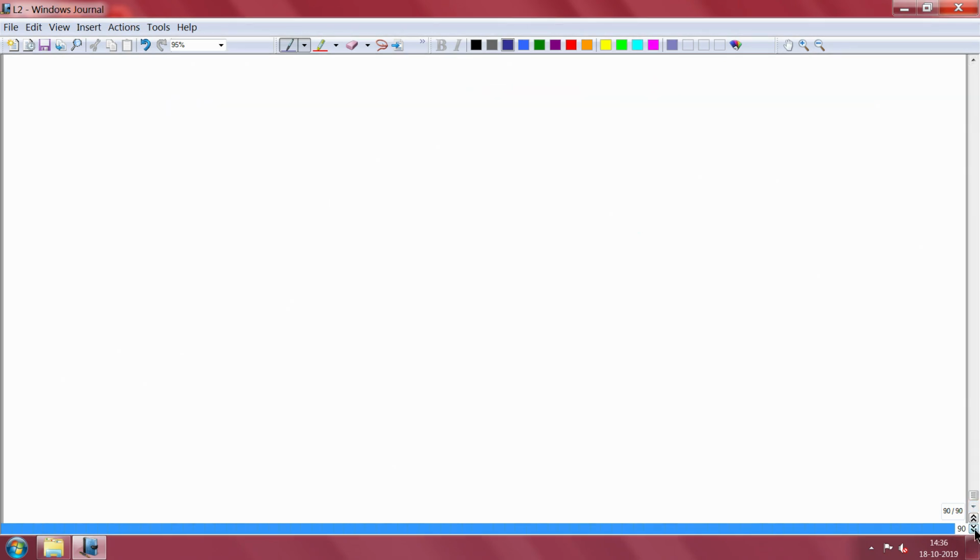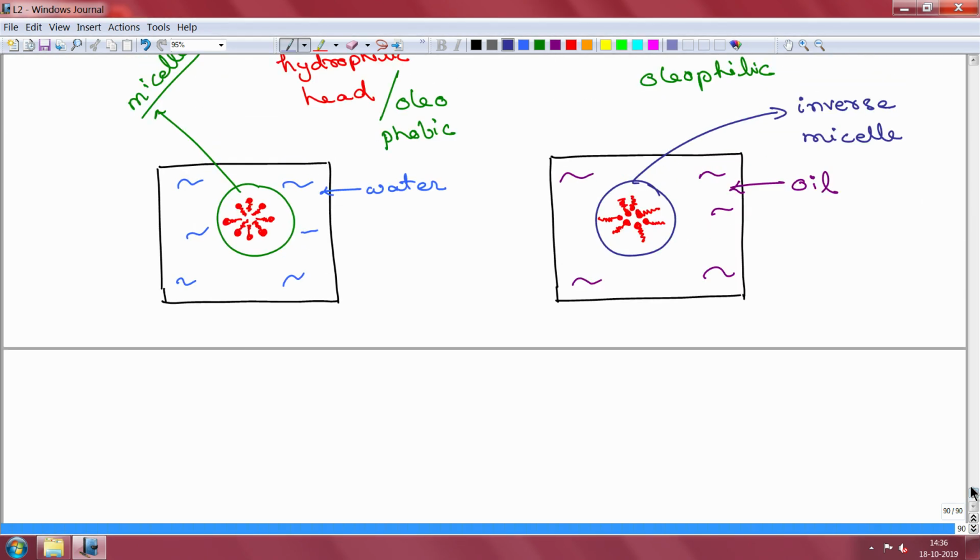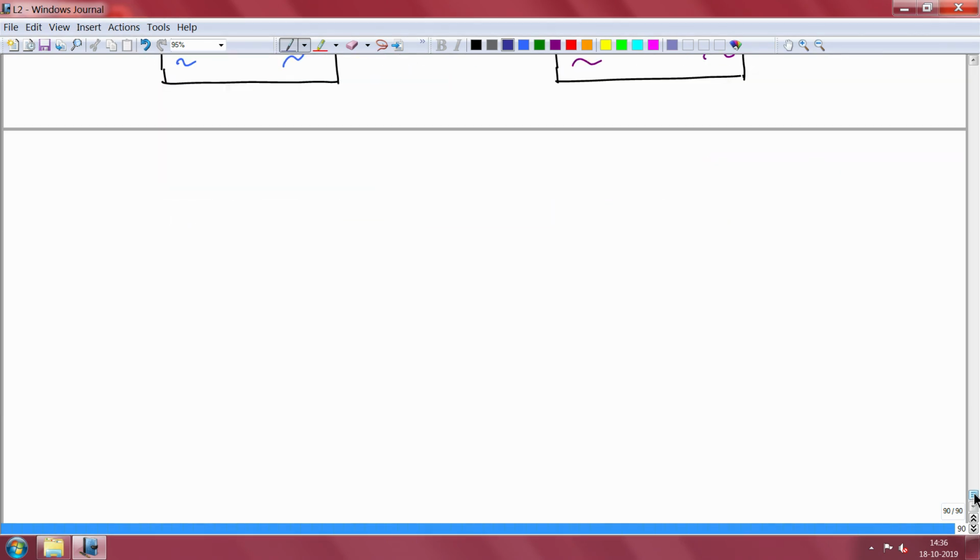Now, by the way, what I have tried to draw here are spherical micelles, but micelles can occur in other forms as well. They do not need to be these small spherical balls. You can have a micelle arrangement where it is in the form of a cylinder.